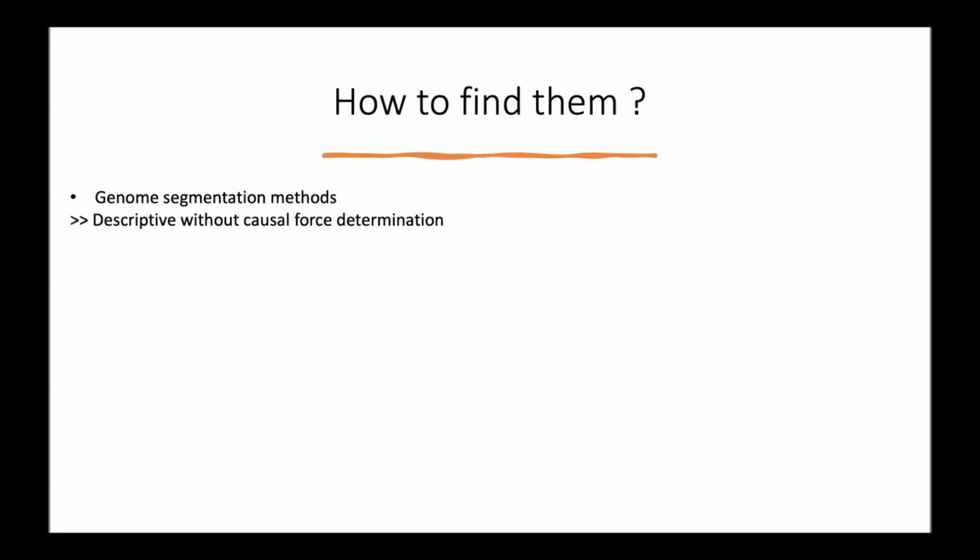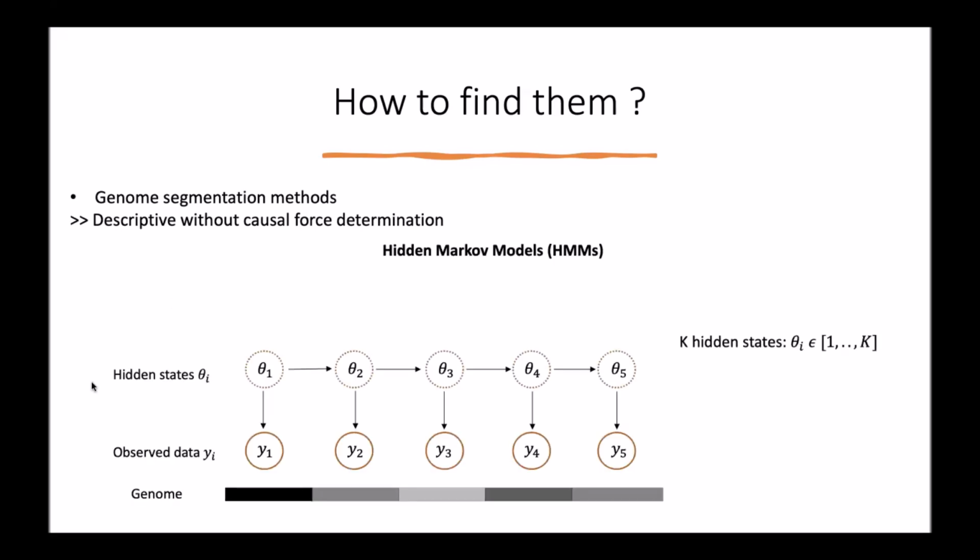One of the prominent methods for this is the hidden Markov model. Imagine you have some data from genomic windows, and they belong to one of K hidden states that we don't observe. But we have observed data that are emitted conditional on these hidden states. These observed data are generally assumed to be drawn from some kind of discrete or continuous distribution according to the emission probabilities.